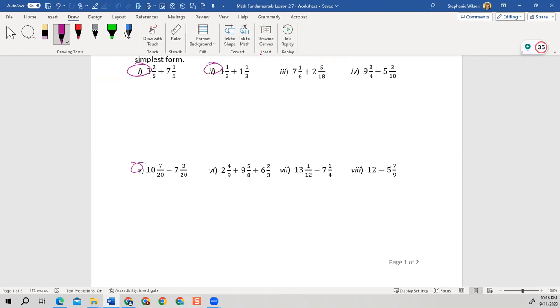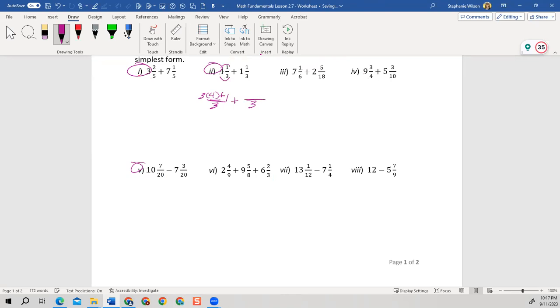I'm going to take this second one here and bring down the denominators because I want to convert the mixed number to improper. What doesn't change is the denominator. So to find the new numerator, I'm going to say this denominator times that whole number plus this numerator.